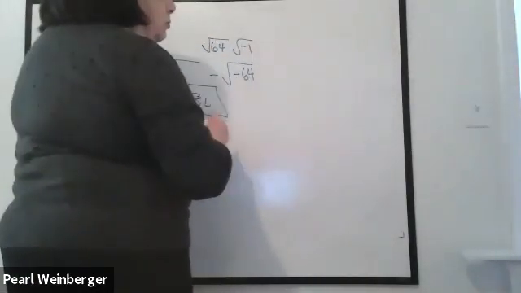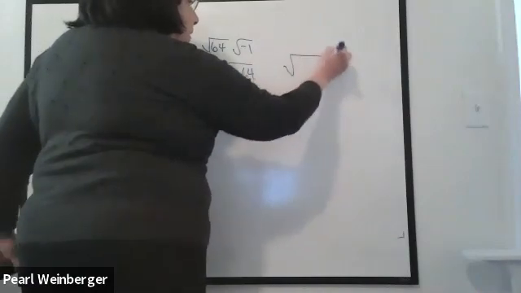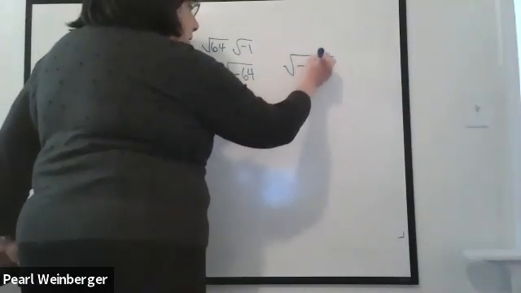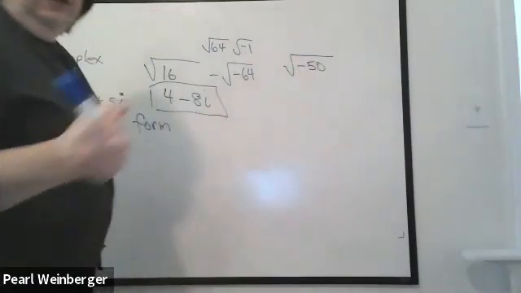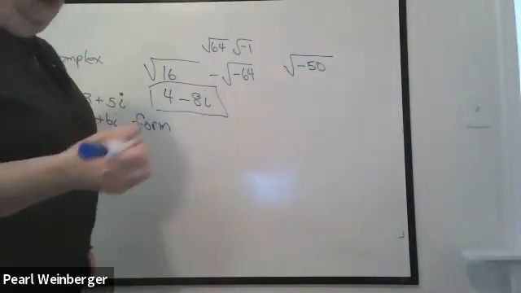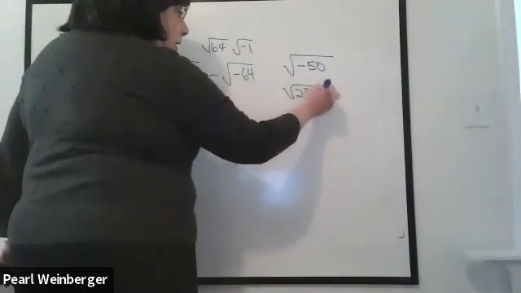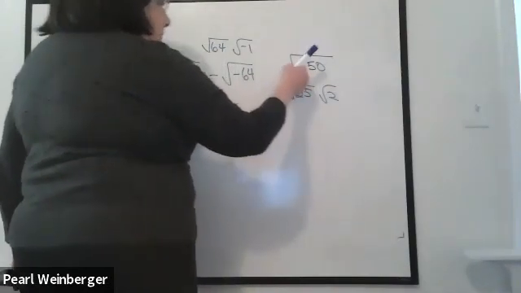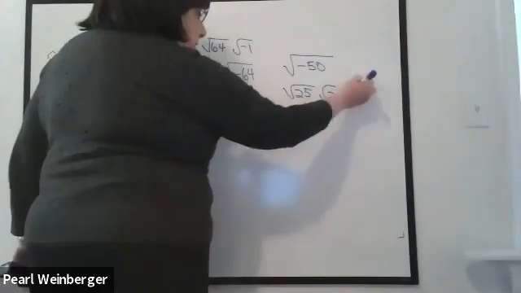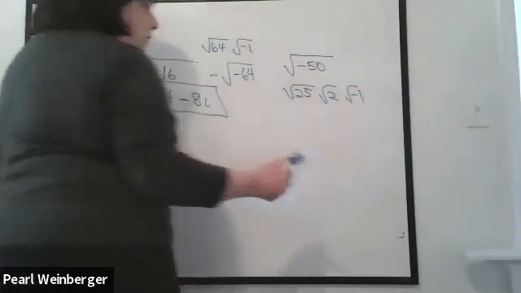Let's say I had the square root of negative 50. Now, I know how to simplify just the plain 50. The 50 I could break up into 25 and 2. The negative becomes, that's my negative 1 that goes after it.